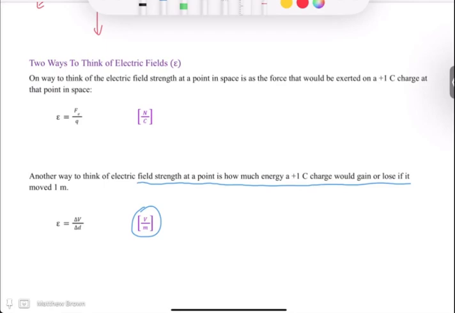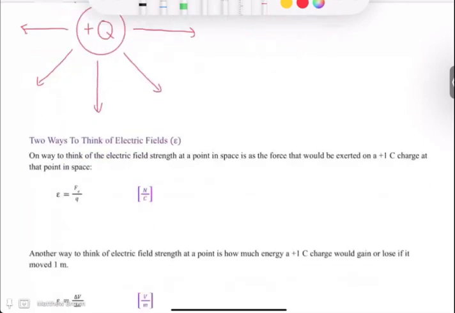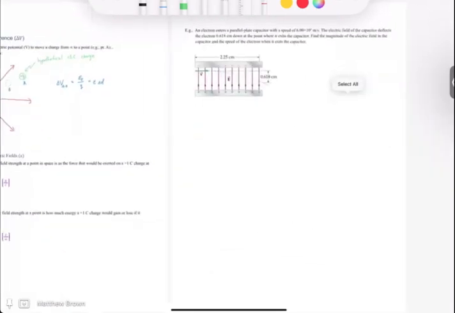So depending on the question, it could be helpful to think of electric field as the amount of energy that a 1 Coulomb charge would gain or lose if it moved from one point to the other. Helpful for concept questions and stuff, I think.